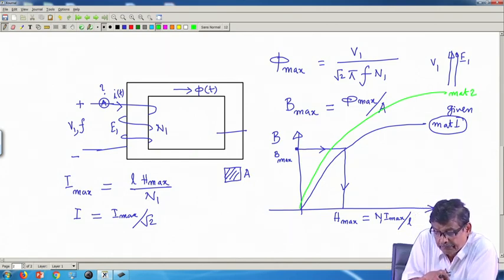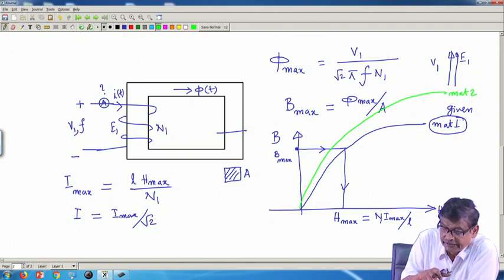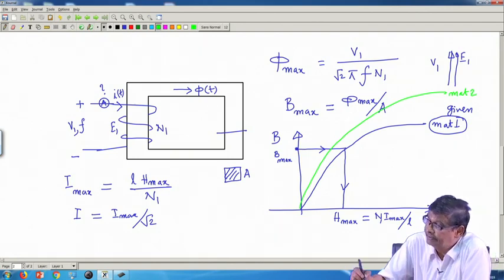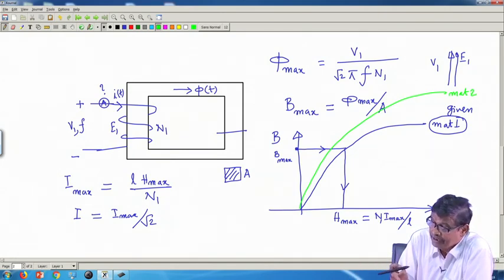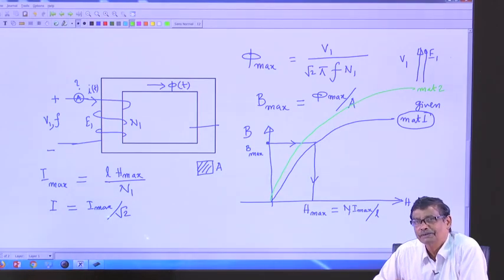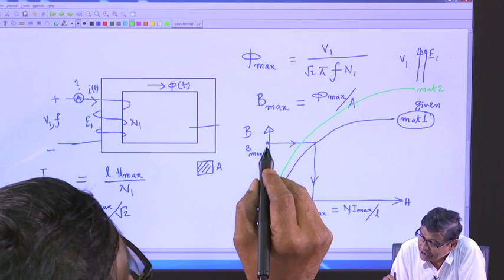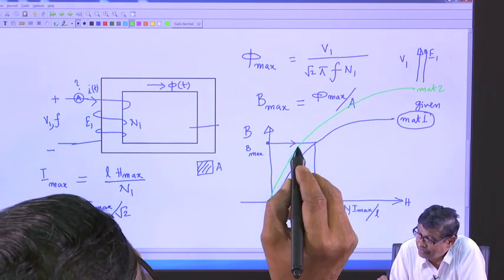Then I apply the same voltage and frequency to this coil. Then how much current is this coil going to draw? If this is material 2 now, phi max is fixed, no matter whether it is material 1 or material 2. So, you read the same B max, but now you have to read the value of H max.